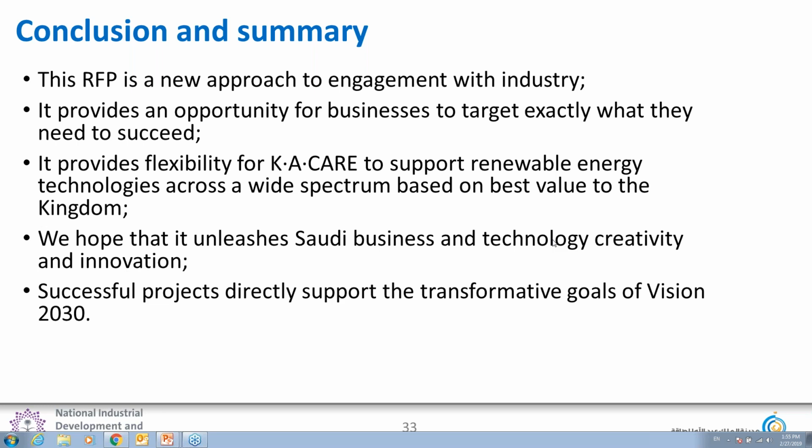How does K-Care help the recipient team to develop its commercial operations after the successful completion of the project? Do they help us with sales channels? We do not have any plans to do that. Actually, let me correct this. Now that I think about the question a little bit more, we are planning, and it's not approved yet, but this is something that is in discussion.